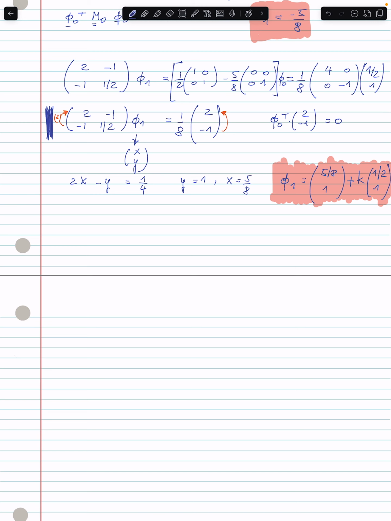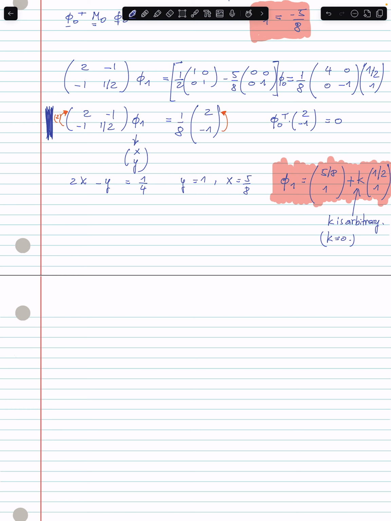And so here you see that we can choose k in an arbitrary manner. k could be, for instance, chosen as 0 or -1, whatever. The only limitation you have on k is that it shouldn't be of order 1 over epsilon.